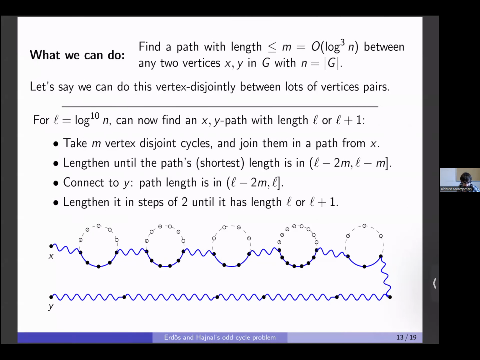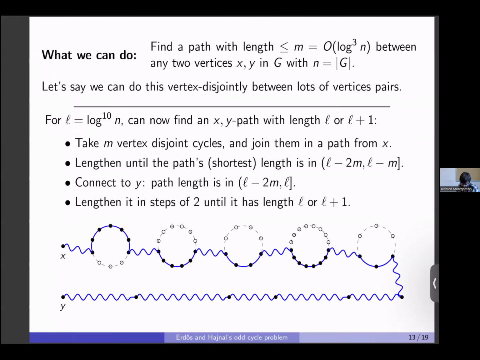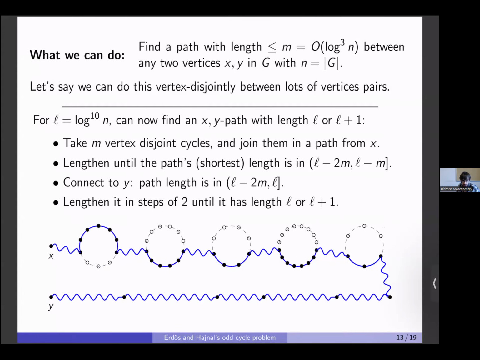So in the third bullet point there, that means this blue path has length between L minus 2m and L. And now we have the control that we can lengthen it in bits of 2 by flipping up the paths, like so. And I can do this up to m times.